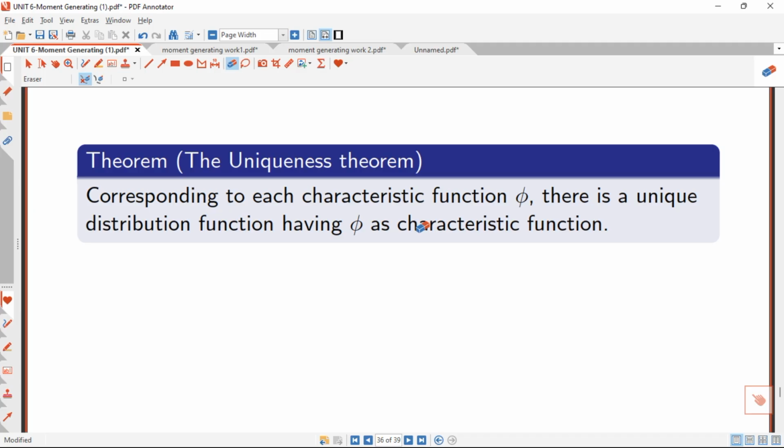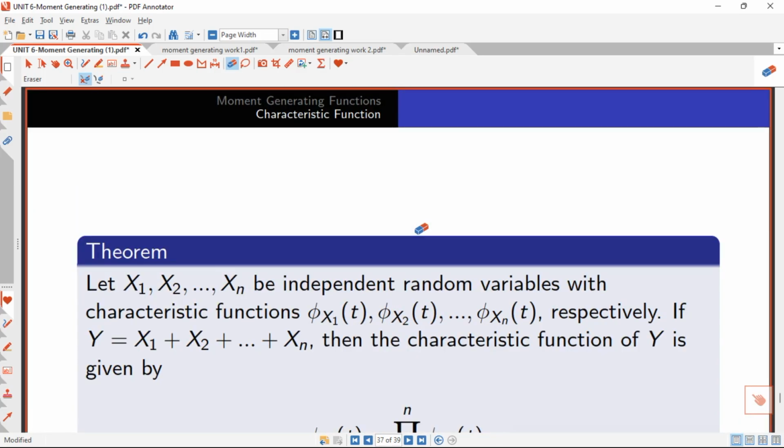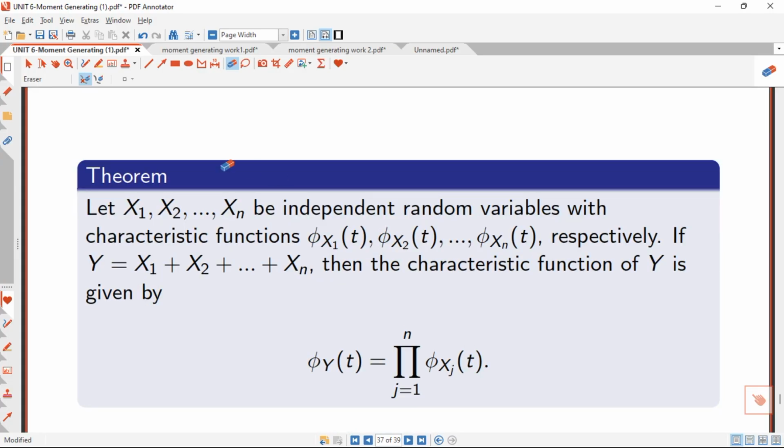So we mean that every distribution has its own unique characteristic function. That is termed the uniqueness theorem. And then under the uniqueness theorem too, independence also exists, and let's see how independence is explained under the uniqueness theorem of the characteristic function.